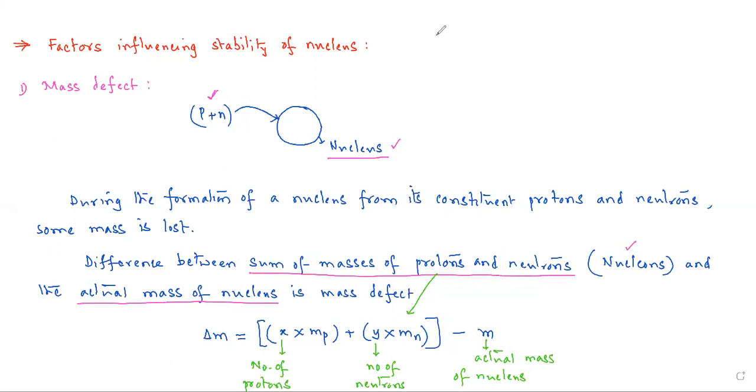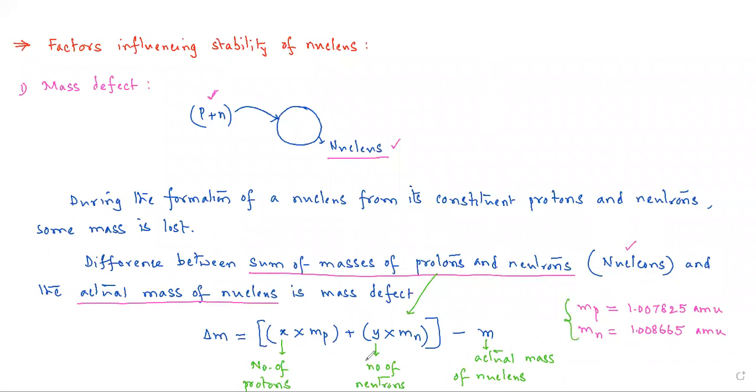Now the masses of protons and neutrons: mass of proton can be given as 1.00785 AMU, and the mass of neutron can be given as 1.00865 AMU. Standard values.